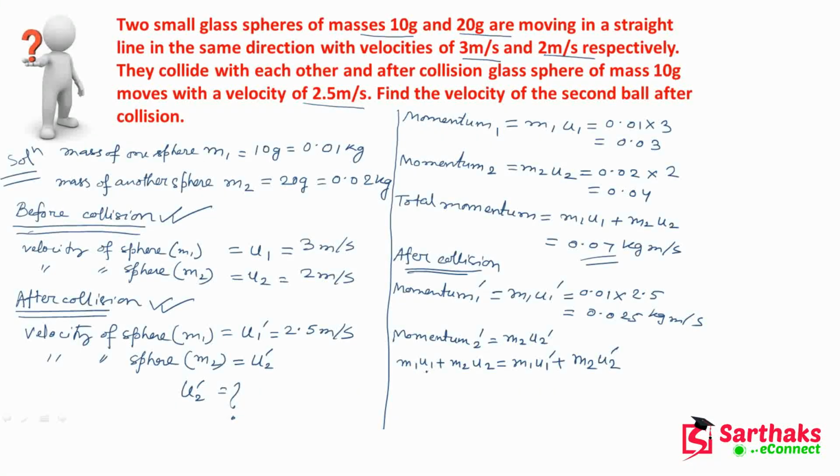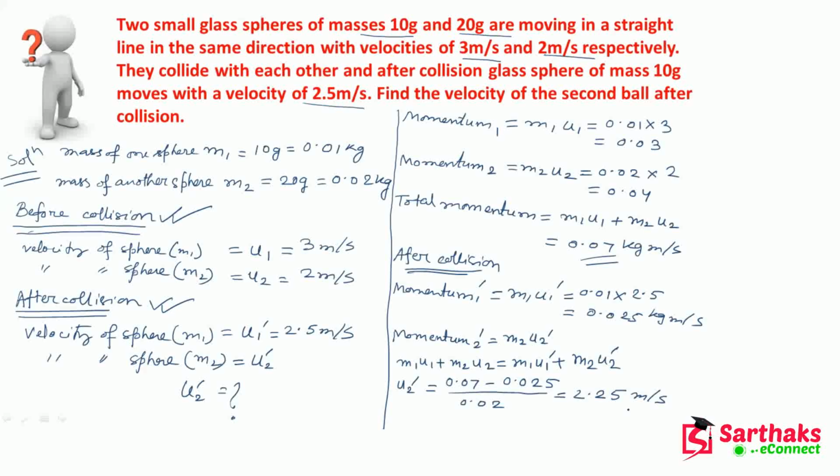If you put this value and m1 u1 dash, that is 0.025 kg meter per second, we can find u2 dash, which equals 0.07 minus 0.025 divided by 0.02, that equals 2.25 meter per second.